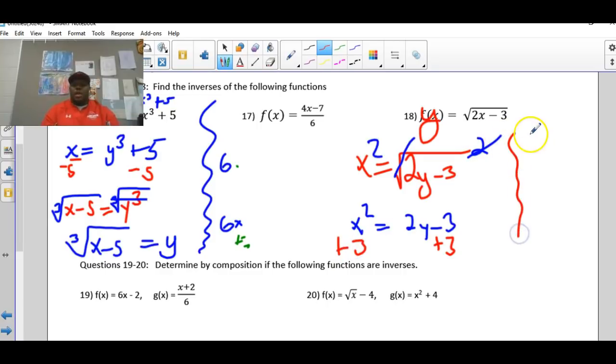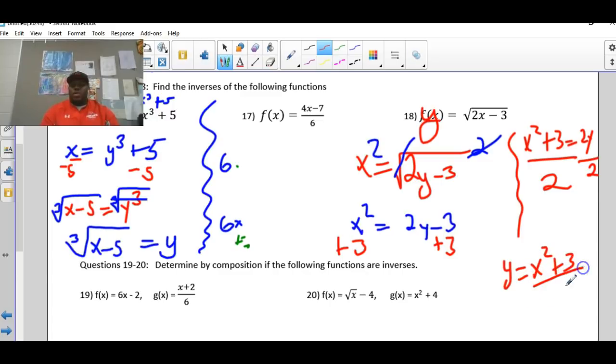So we have x squared plus 3 equals 2y. And then we're going to divide by 2. So y equals (x squared plus 3) divided by 2. There's your inverse, guys.